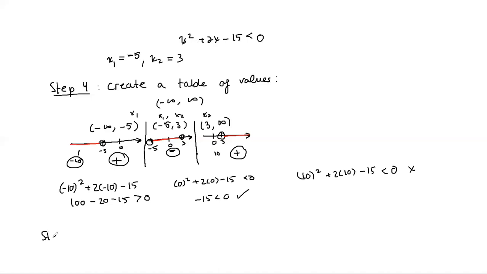So now we're going to look at what we have from the beginning. Step 5. After doing our analysis, the analysis part is the hardest part, okay? Now I can basically see when it is less than 0. So when is it negative?